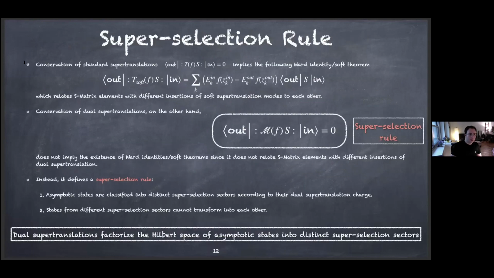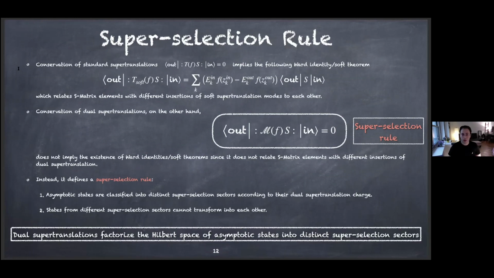So let me now discuss the conservation of this charge. Before doing that, I want to review the case for standard supertranslations so that we have a point of reference. The conservation of standard supertranslations implies the following Ward identity or soft theorem that was also understood in the same paper that I mentioned of Bar, Strominger and Lysov.